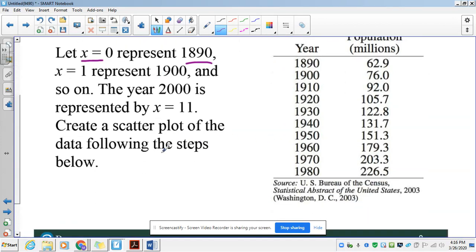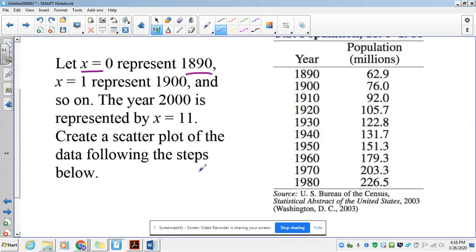Okay, so who remembers where these values would go? If this is 0, this is 1, this is 11, how do I put this in my calculator? Hopefully you are all thinking stat menu.